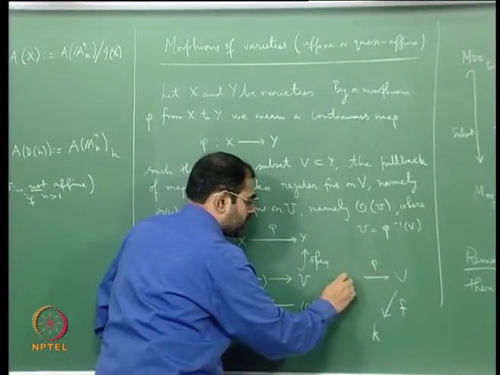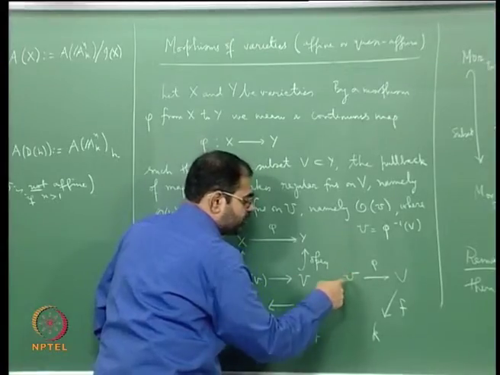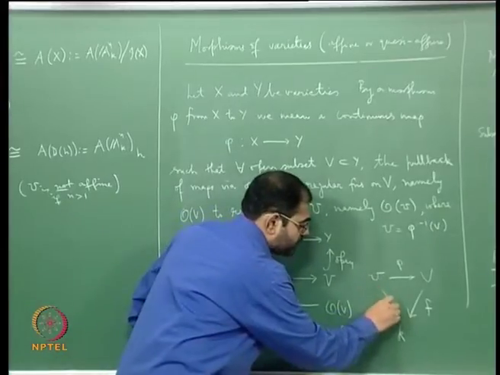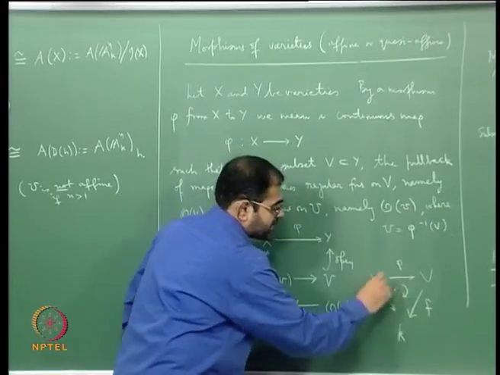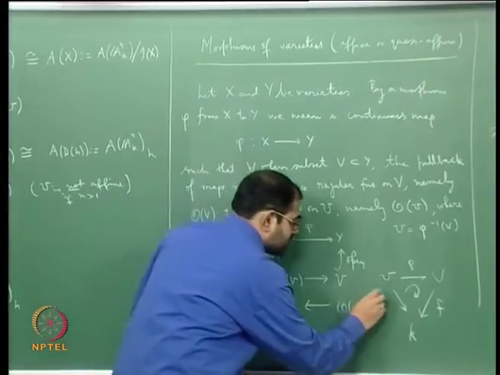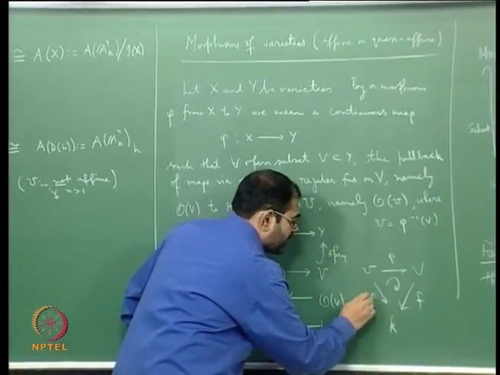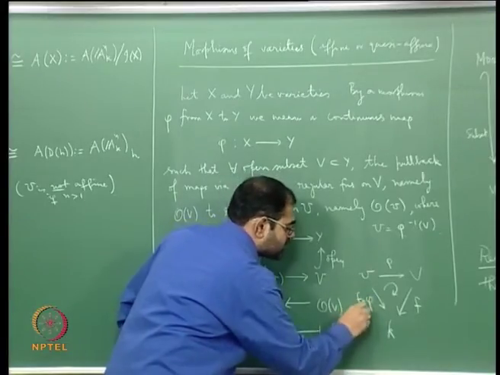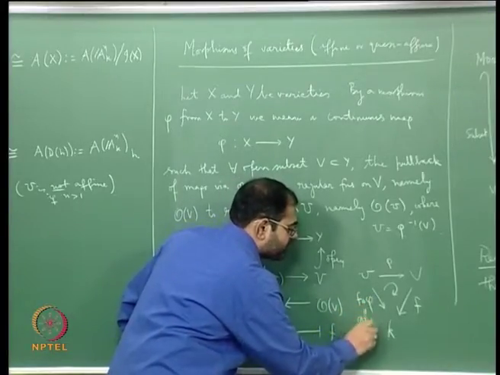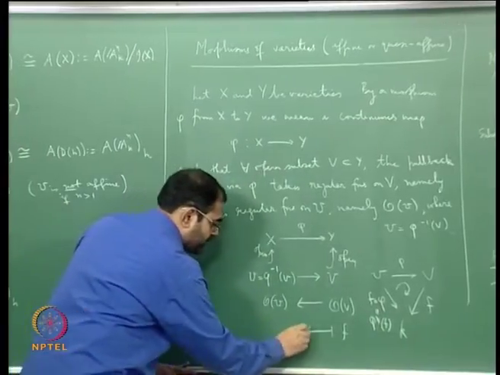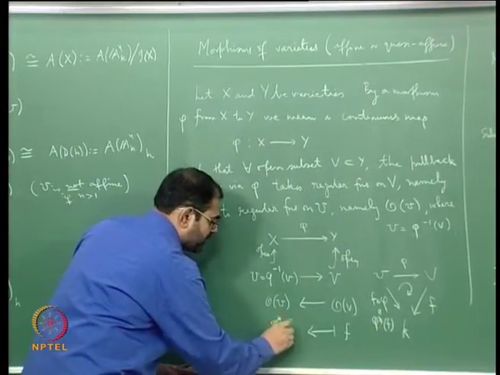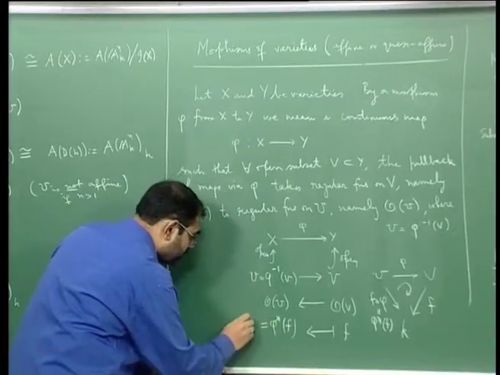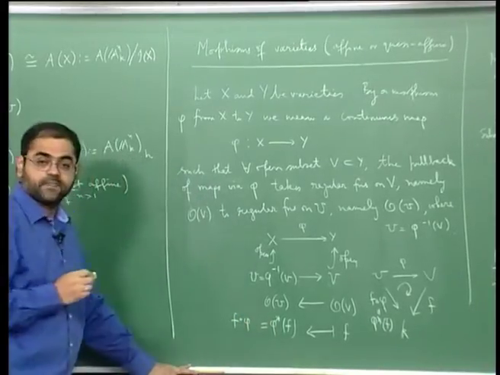Here is V and here is phi. This is U. So phi takes U to V, and then the pullback will be this map. Pulling back essentially means composition. First apply phi, then apply f, and this is called phi upper star of f. So f goes to phi upper star of f, the pullback of f, which is by definition first applying phi and then following it up by f.